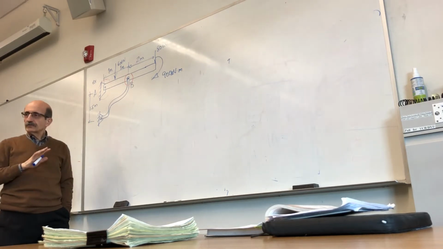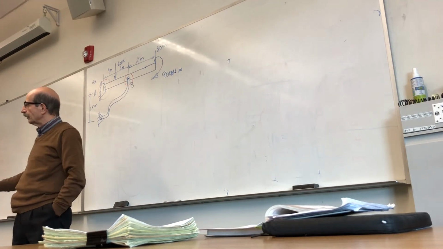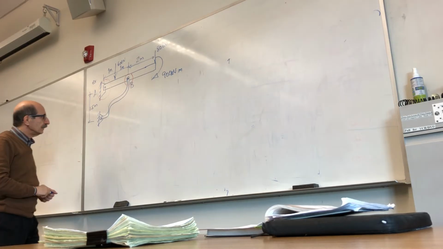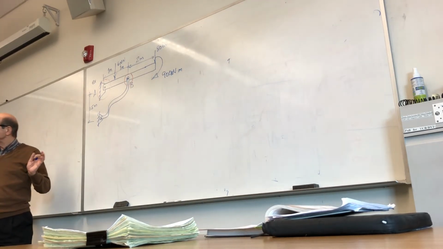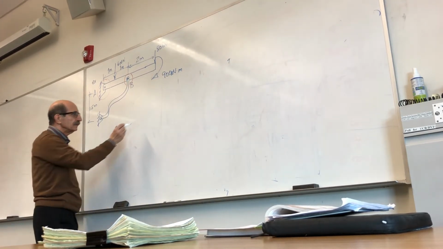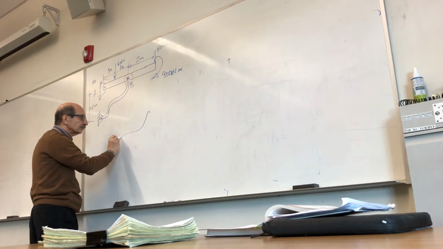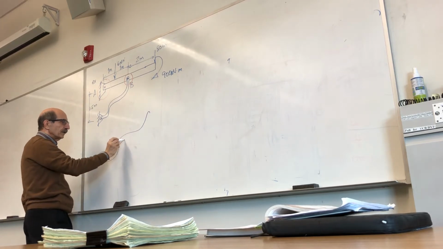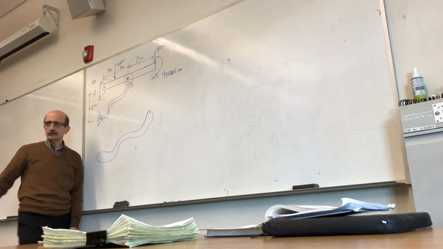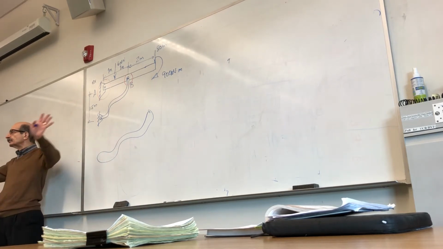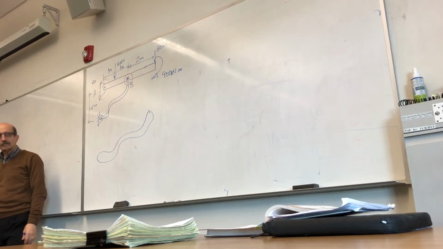We've learned about the concept of equilibrium, right? And equivalent systems. Let's look at this. Let's say you have a structure, no matter what the shape of the structure is.